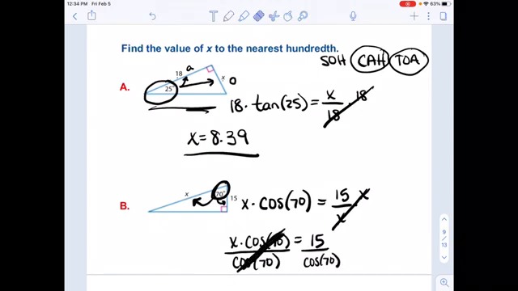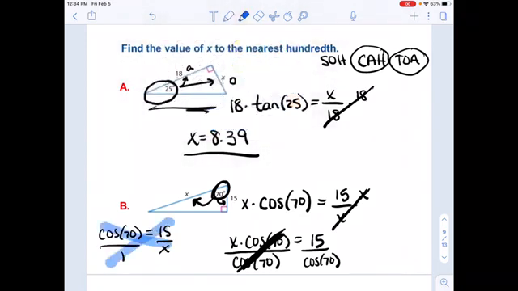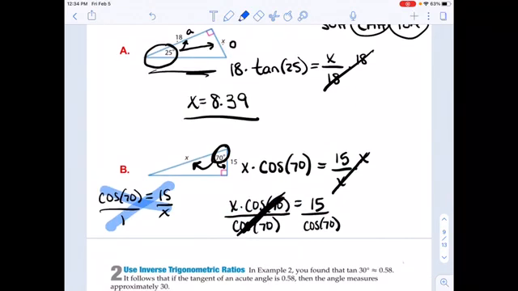It's kind of like we were just cross multiplying. So if you had instead looked at it this way, cosine of 70 equals 15 over x, and you had said, okay, I'm going to cross multiply to solve, you would end up getting the same setup as we have here. So either way, totally valid.